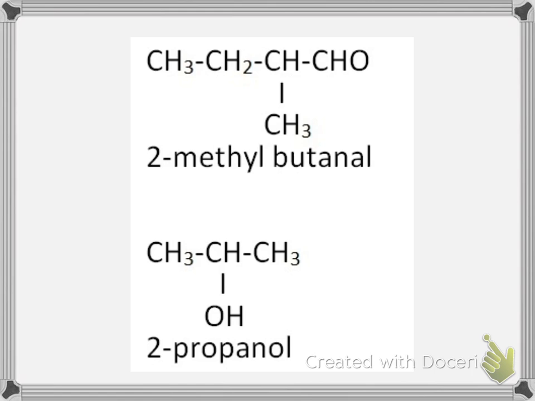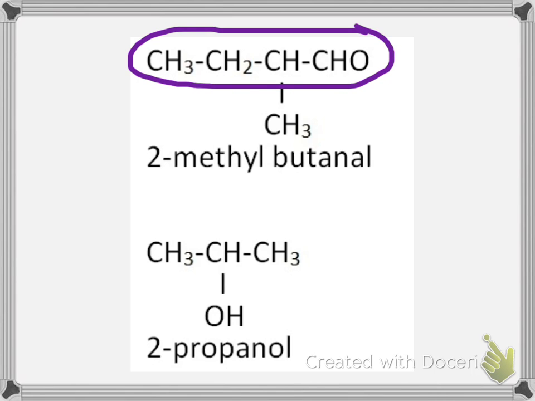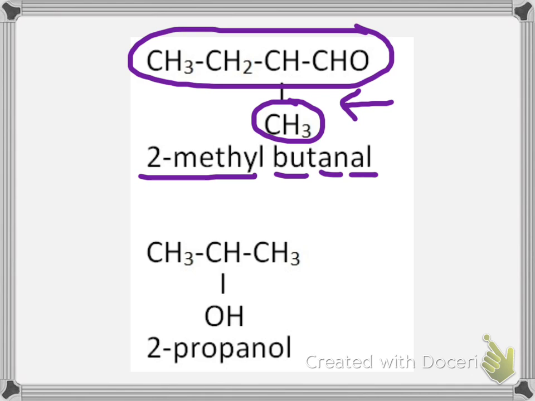We're going to number this chain from right to left because the functional group is closest to the right. We have a branch on carbon number 2. It's a methyl group. So we would write 2-methyl, which is the branch, then but for four carbon atoms, an for only single bonds, and -al because this compound is an aldehyde.